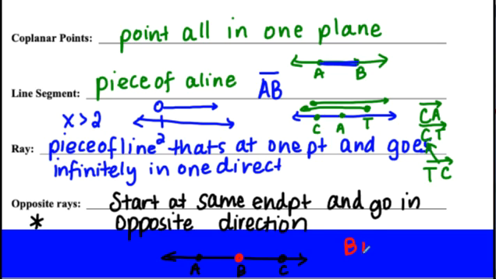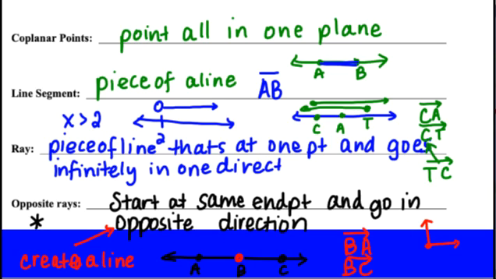So ray BA and ray BC are opposite rays. What I'd like you to understand is that opposite rays create a straight line. Now, rays like this are not in opposite directions, so those are not opposite rays. Opposite rays will always form a line.